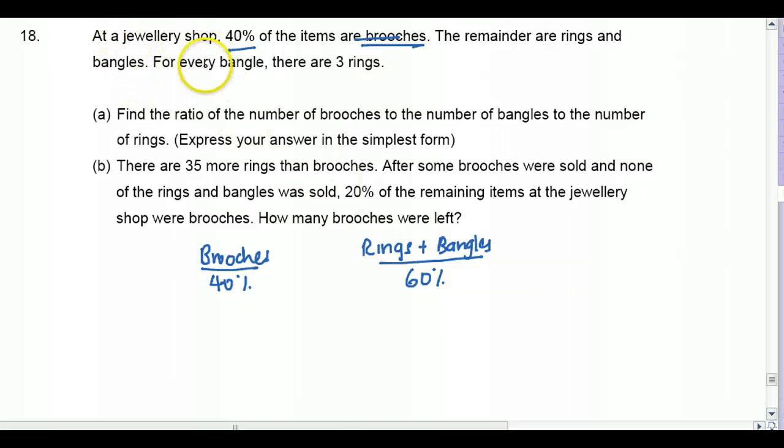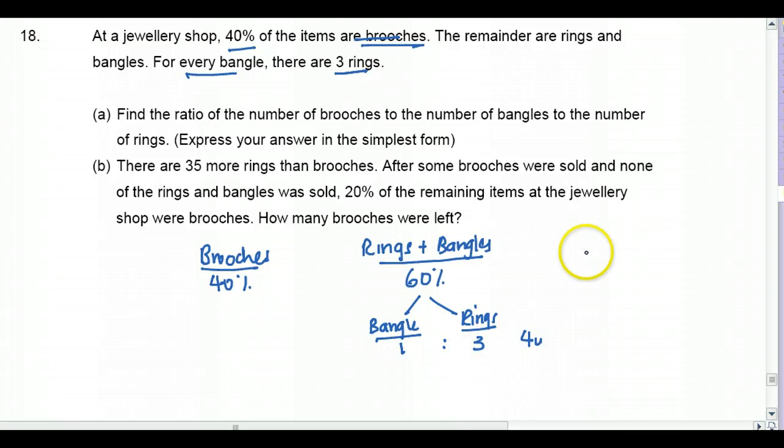Next. For every bangle, there are 3 rings. So here I know that for every one bangle there will be 3 rings. So here I know that there's 1, 2, 3, 4, right?